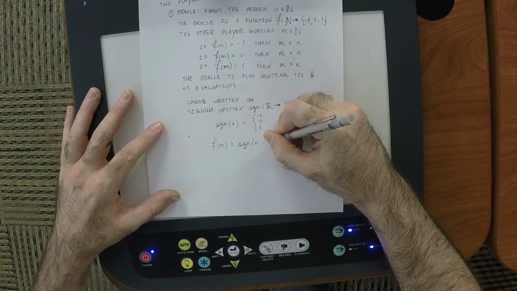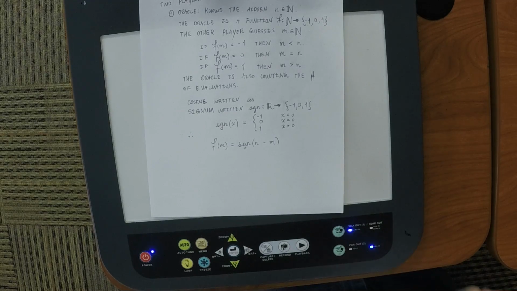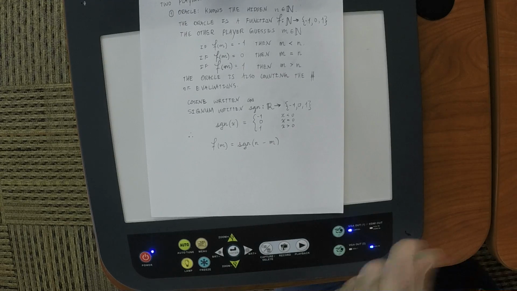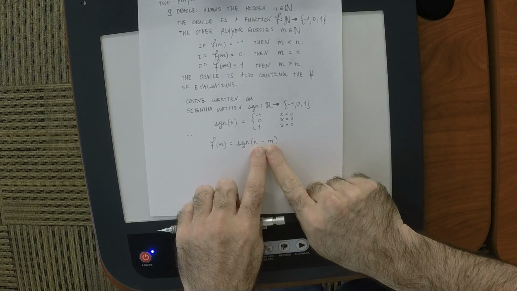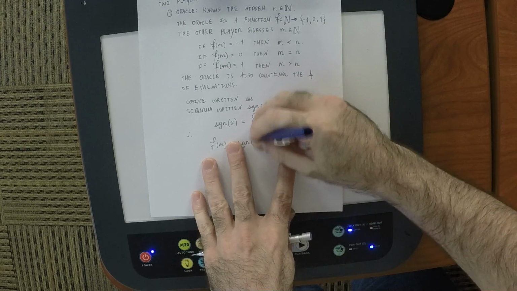Okay, let's see if that's right. If m, your guess, is too big, then what is the output supposed to be? Right, if m is too big, it should be +1. So is this one right? No, it's not right. How do we fix it? The other way around.